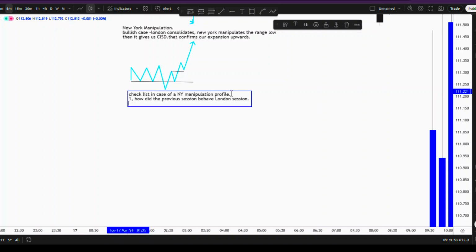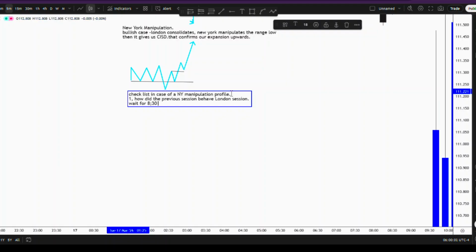Number 2, wait for the 8:30 New York open, 8:30 New York time, and this is 3:30 Kenyan time. And you realize it is at this point that we usually have most of the economic news being released. So you wait for the news to pass, and you see how we had a liquidity sweep.